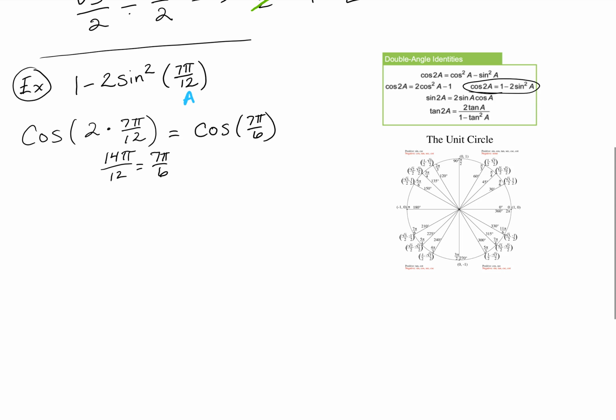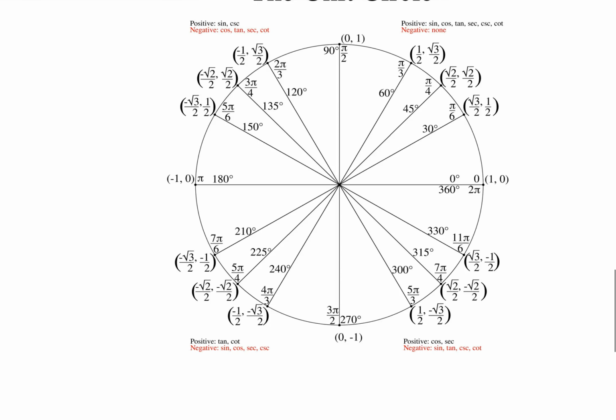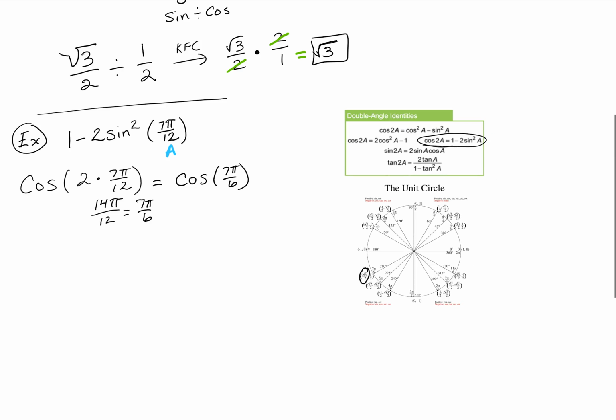So again, keep your unit circle handy here, and you look at the circle. 7 pi out of 6 is this value right here, and the cosine again is the x value, so it looks like the answer is going to be the negative square root of 3 over 2. So negative square root of 3 over 2 is the answer that we're looking for.